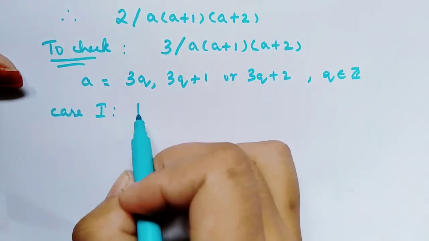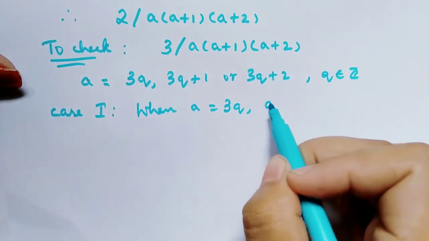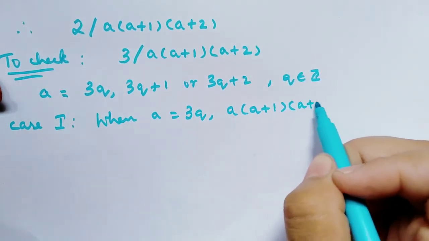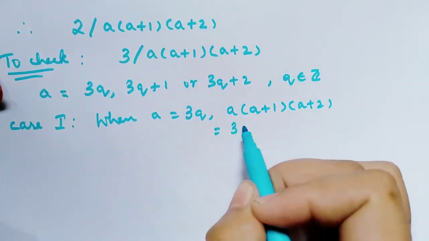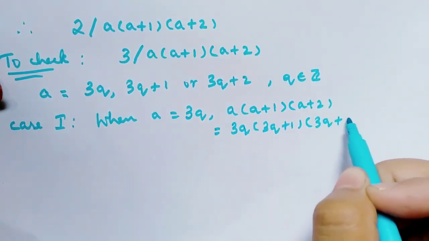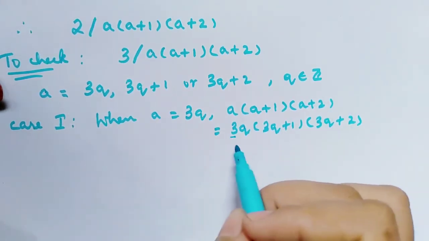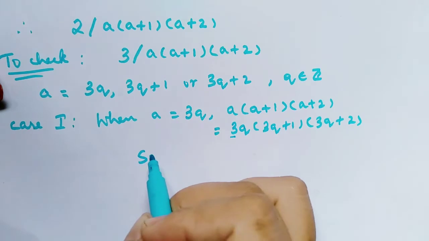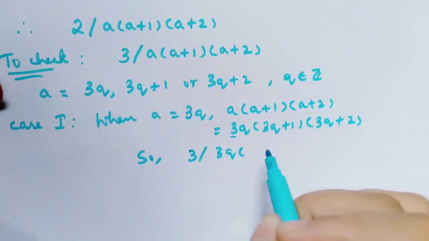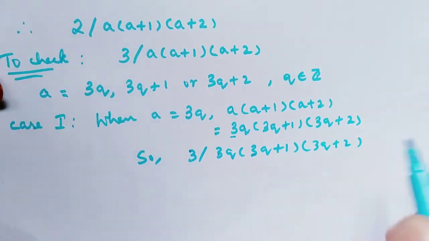Case 1, when a is 3q, then a into a plus 1 into a plus 2 becomes 3q into 3q plus 1 into 3q plus 2. This is a multiple of 3, so it is divisible by 3.